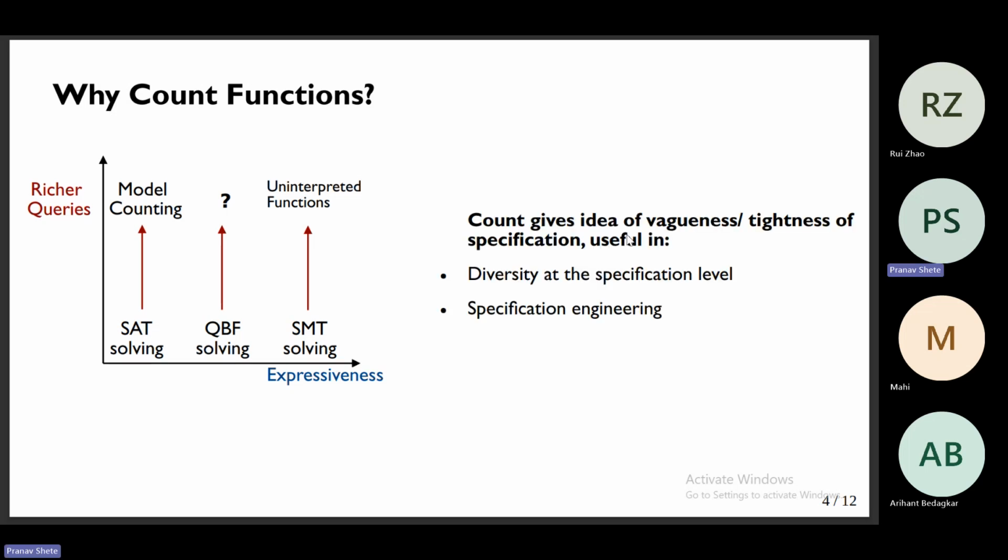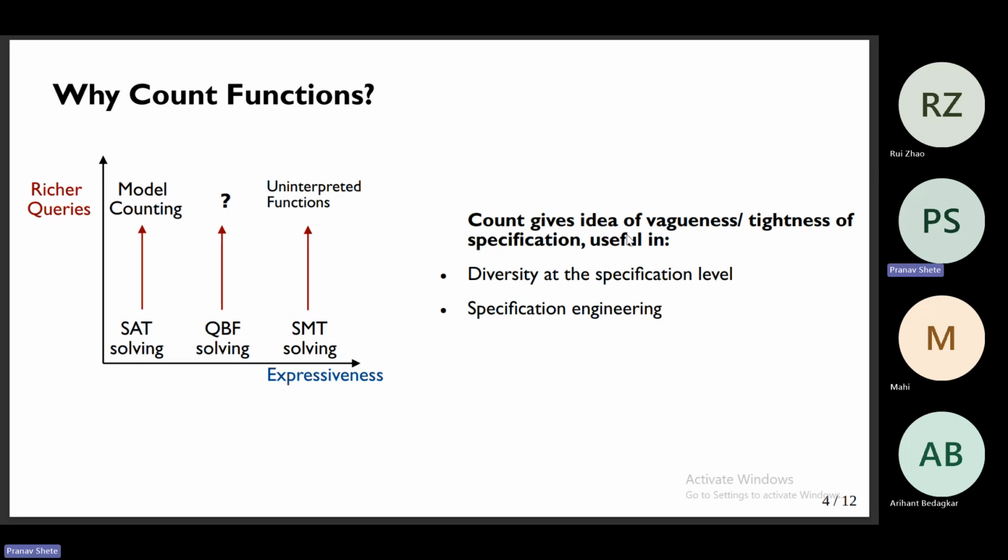The second answer to why count functions is that they might have many applications in different domains. For example, the count of the functions will give you an idea of how vague or how strict your specification is, and that will give you an idea of how diverse the specification might be.